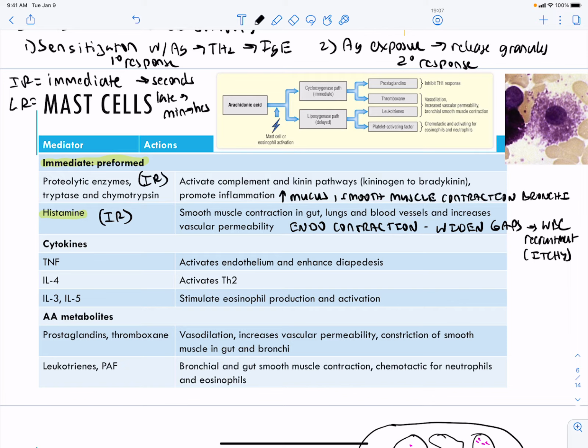And they're going to activate the complement and kinin pathways. Tryptase is actually going to be released in the blood levels, and it is going to be a measurement of serious allergic responses.